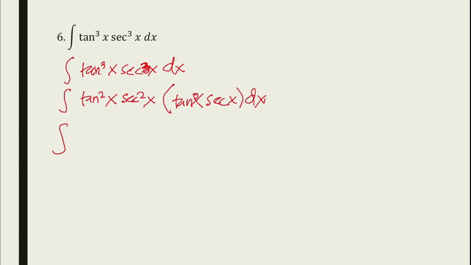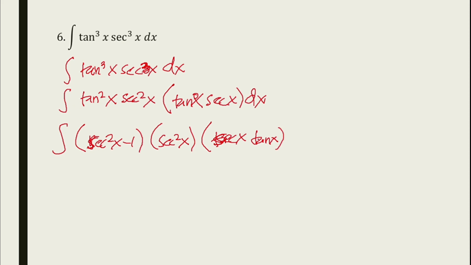That's why we transform this part to have an easier way. So tan squared is secant squared x minus 1, times secant squared x, then sec x tan x. We just follow the format sec u tan u later.